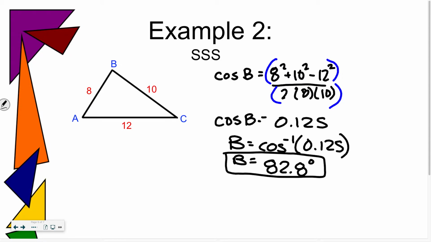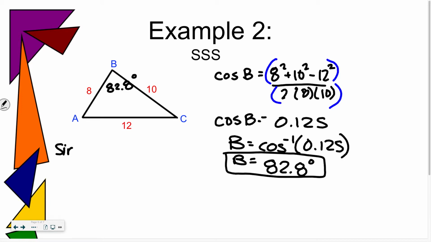Okay, so at this point, since you found the biggest angle, 82.8, you have your pick. Do you want to do another law of cosines? Do you want to switch over to law of sines? It'd really be up to you. I'm going to do a law of sines. Why not?